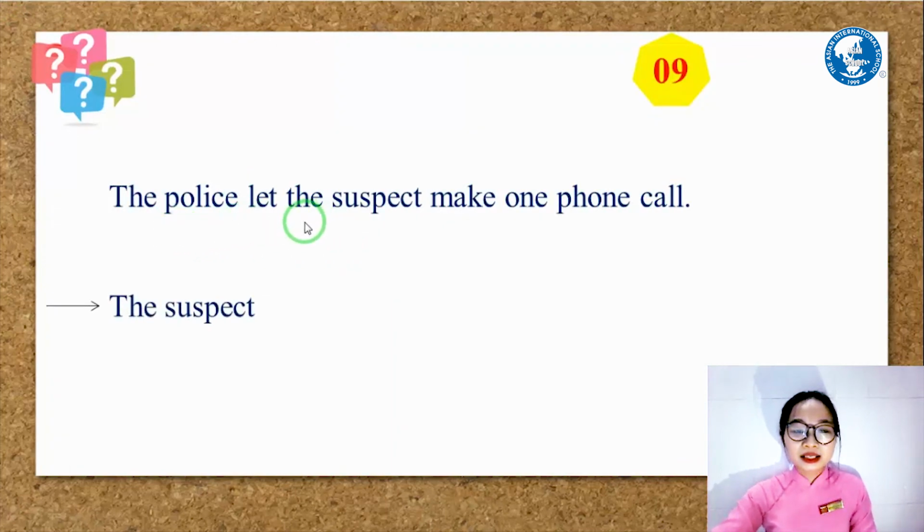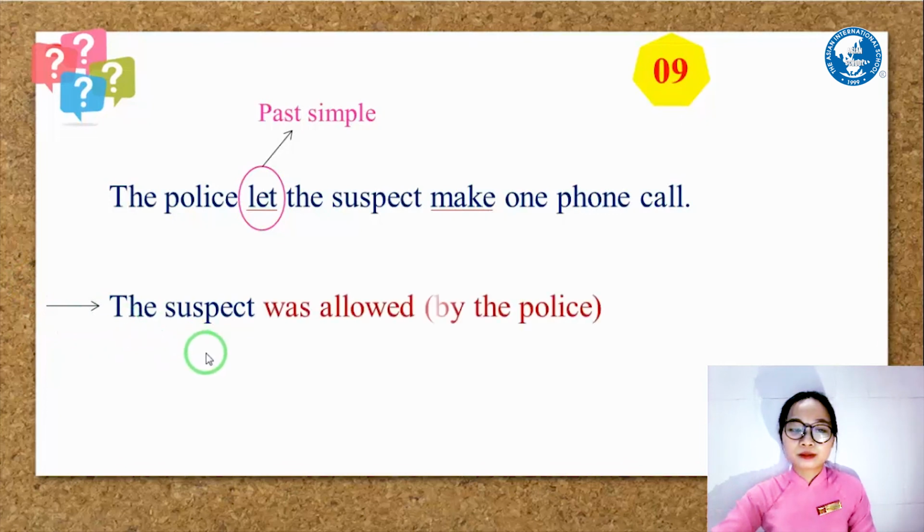The police let the suspect make one phone call. And this original sentence used the active structure of let, object, and infinitive. And the tense is past simple. So now we change into passive voice. The suspect was allowed.